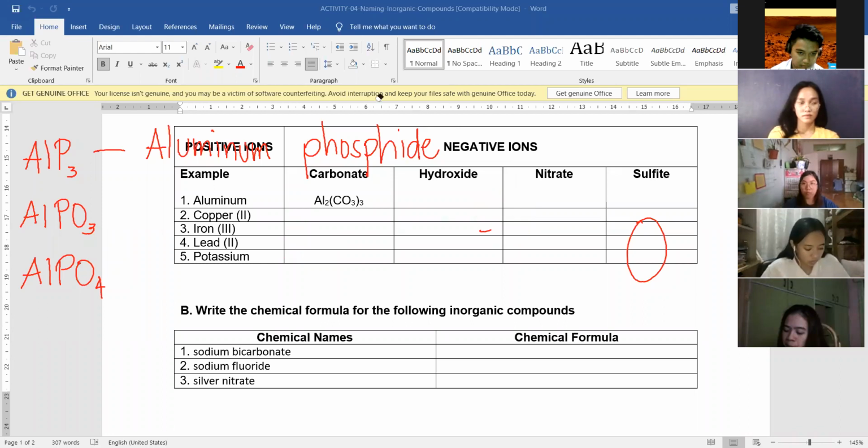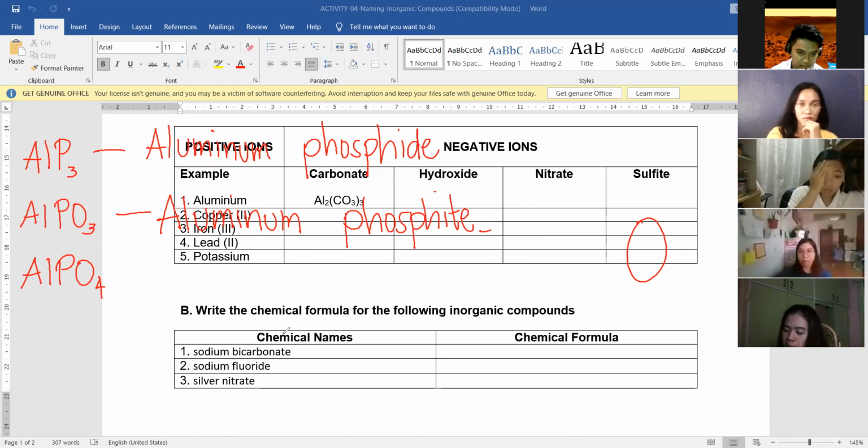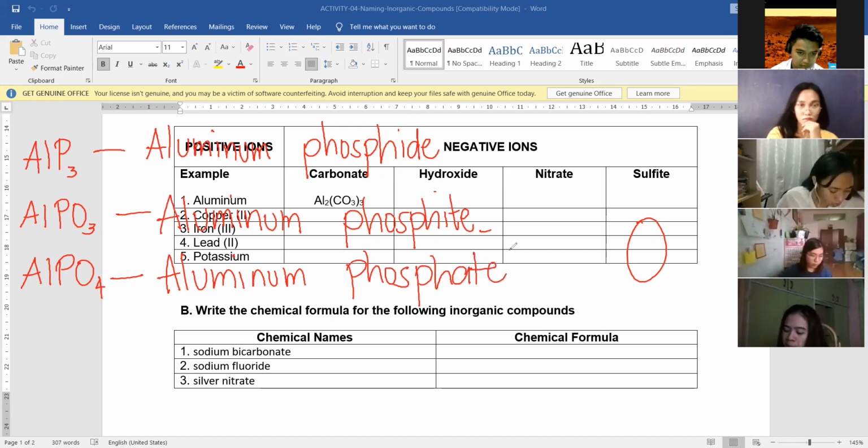Tapos kung ang nakita ninyo kay AlPO3 naa na ay oxygen, so the same gihapon aluminum, pero 3 man ni siya, lesser number of oxygen, so mag-end siya sa ITE. The ITE there denotes that there is the presence of oxygen, pero lesser compared sa PO4. So this is now the aluminum phosphate. Ilahang kalahian, tatlo. The IDE, the ITE, and the ATE.